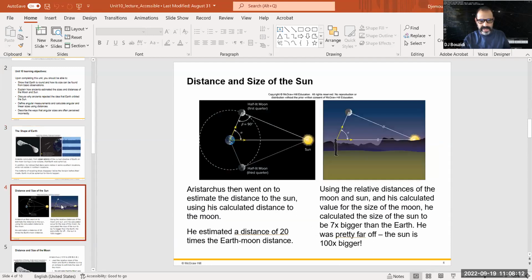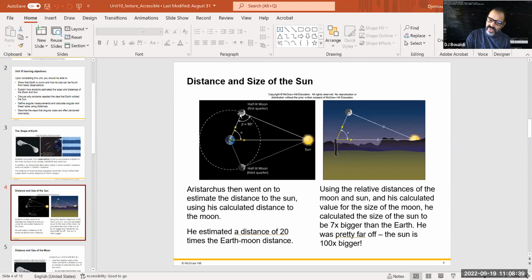Again, the distance and size of the sun is basically what Aristarchus argued for. And it's based on the measurement of this angle, okay? If you look at the sun when it's setting, of course, this is when it's first quarter, this angle must be a right angle in the triangle. That's his argument. This is the 90-degree angle. So now all he has to do is measure this angle.